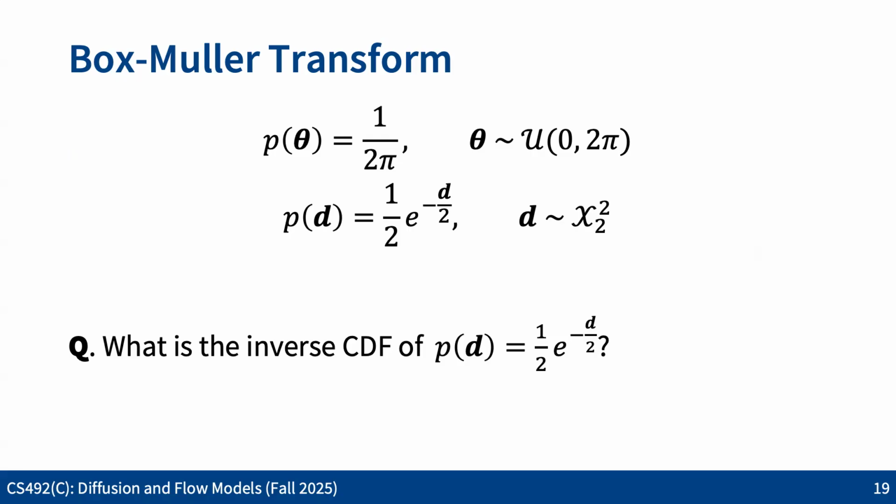The thing is that the PDF looks like this, right? Which means now we know the PDF, and it looks like something where we can compute the inverse of the CDF. So now it becomes a matter of how we are going to compute the inverse of the CDF so that we can sample the squared radius. Can you also try to derive the inverse of the CDF?